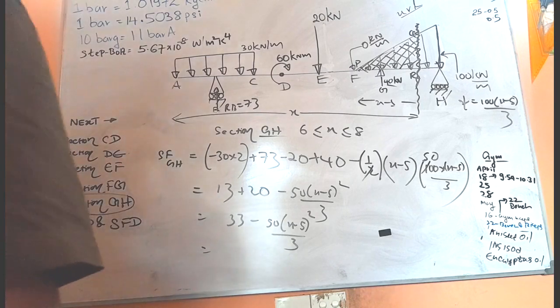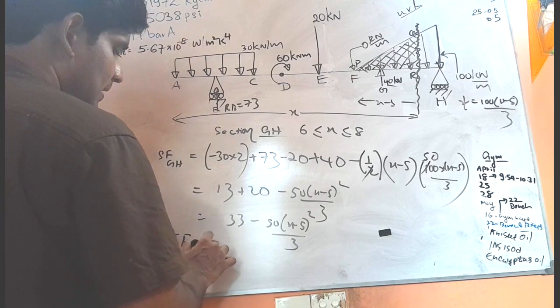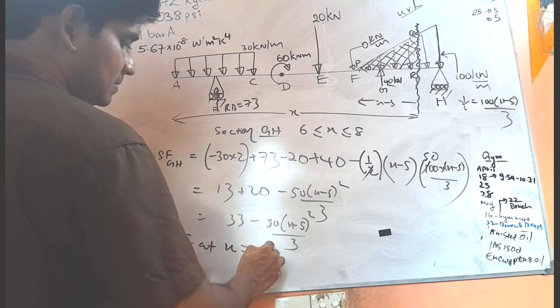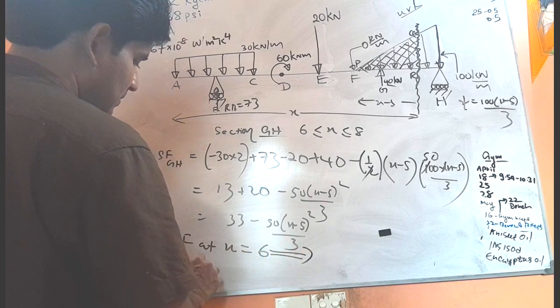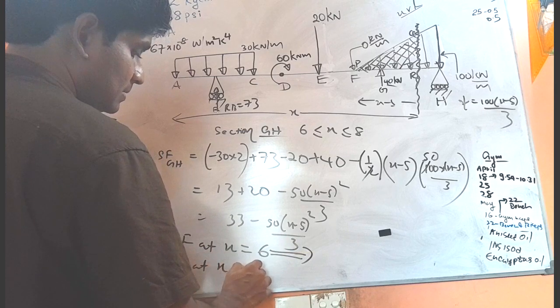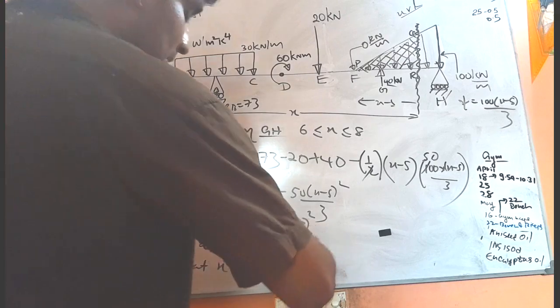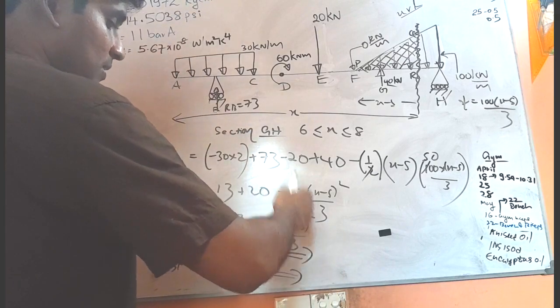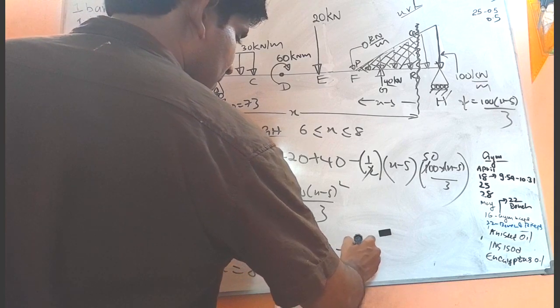So now we need to evaluate the shear force at x equals 6. Also we have to evaluate the shear force at x equals 8. So the shear force at x equals 6 will be, if you put 6 here, 6 minus 5 is 1, square, so 33 minus 50 divided by 3.